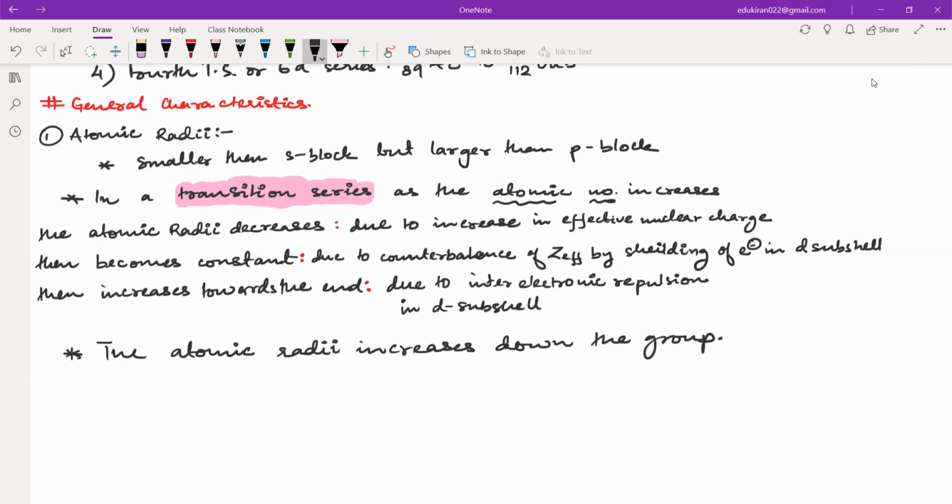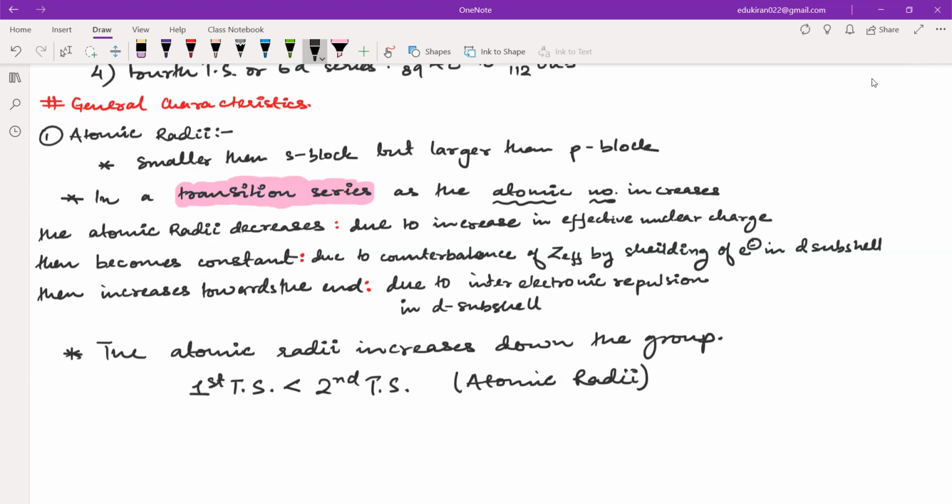But an important point to note down here is we have the first transition series, and it is smaller than the second transition series. We are talking about atomic radii. First transition series elements have smaller atomic radii than the second transition series elements.